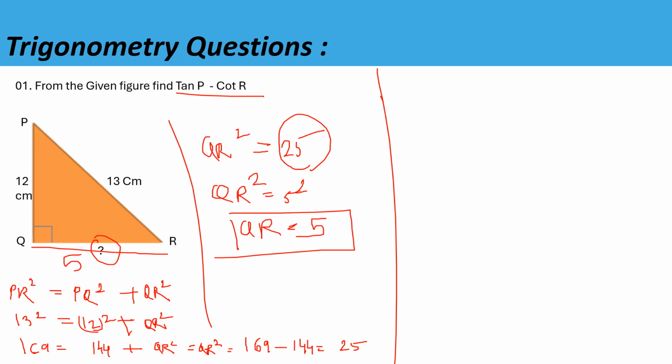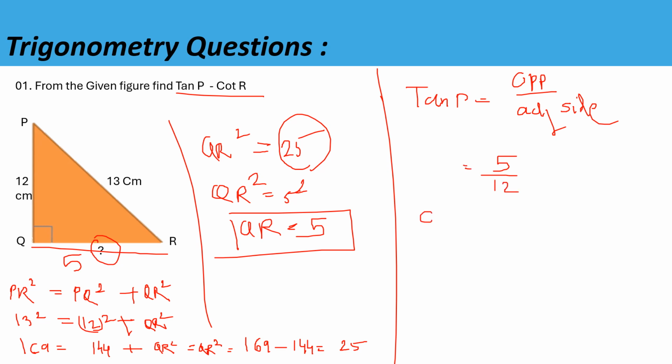Now we can find tan P minus cot R. For tan we have to find the formula first. Tan P is equal to opposite on adjacent side. So P's opposite is what? QR, and P's adjacent is what? PQ. So it will be 5 on 12, right?